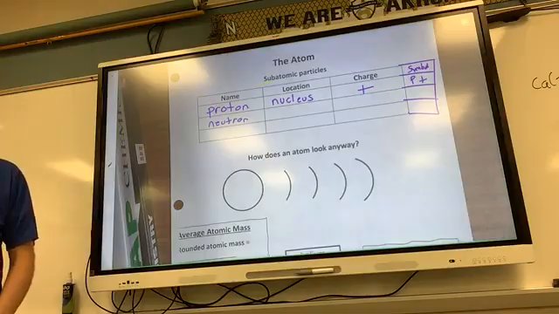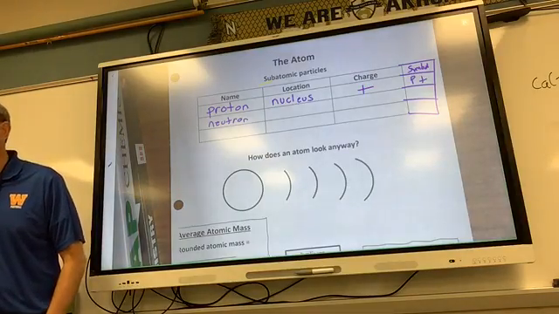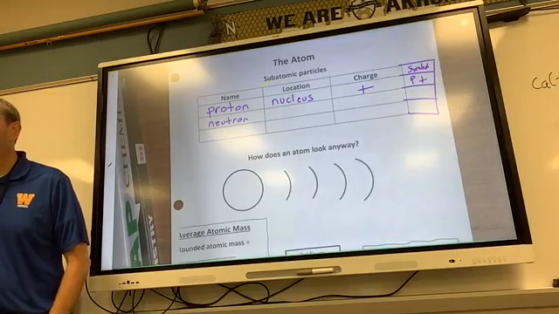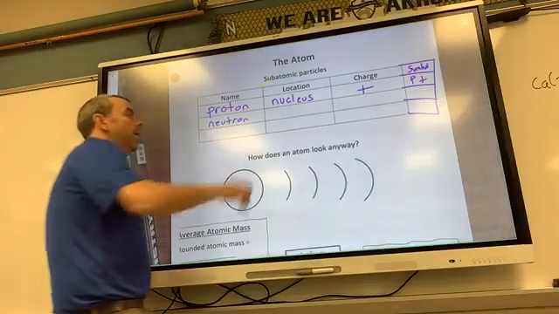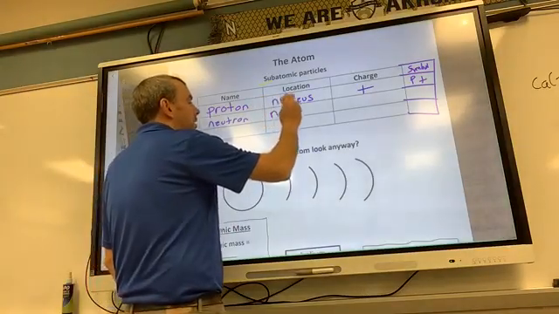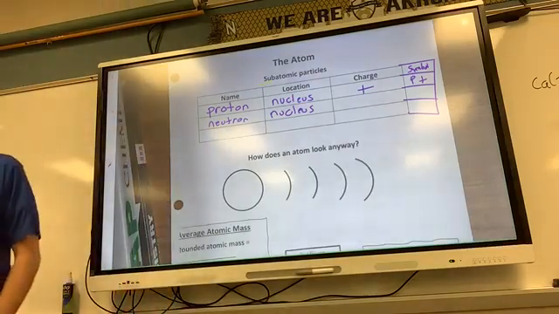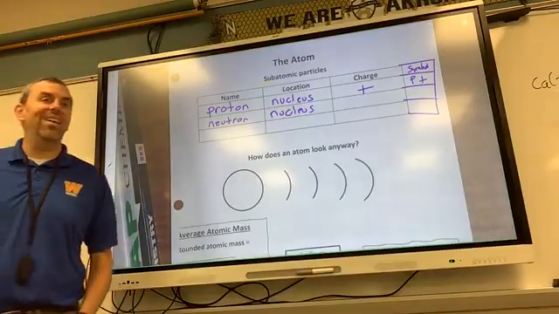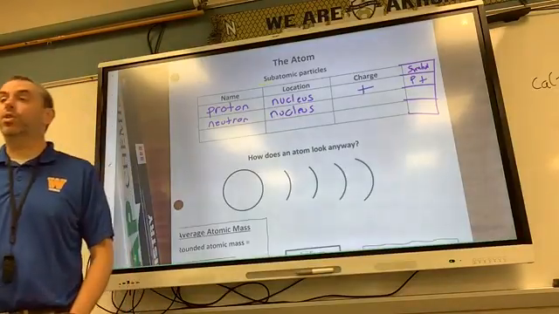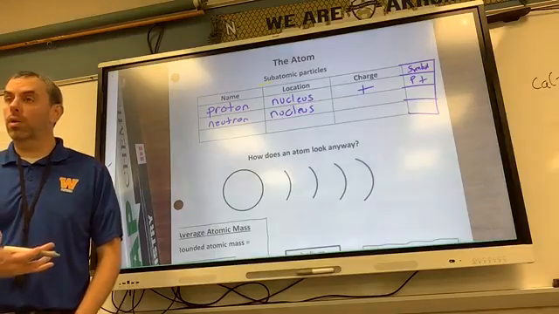Where would you find a neutron? Also in the nucleus. You're going to find a neutron also in the nucleus. What's the charge of a neutron? You want to say negative because neutron starts with the letter N. But neutrons are from kind of the root word of neutral.